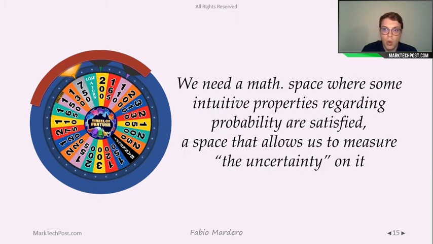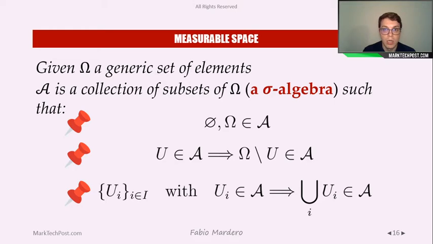But we need a mathematical space. Since this is not possible, for example, we need a mathematical space where some intuitive properties regarding probability, so the uncertainty, are satisfied. This mathematical space should allow us to measure the uncertainty on it. That's why we will talk about the measure theory, and we will first define the sigma algebra.